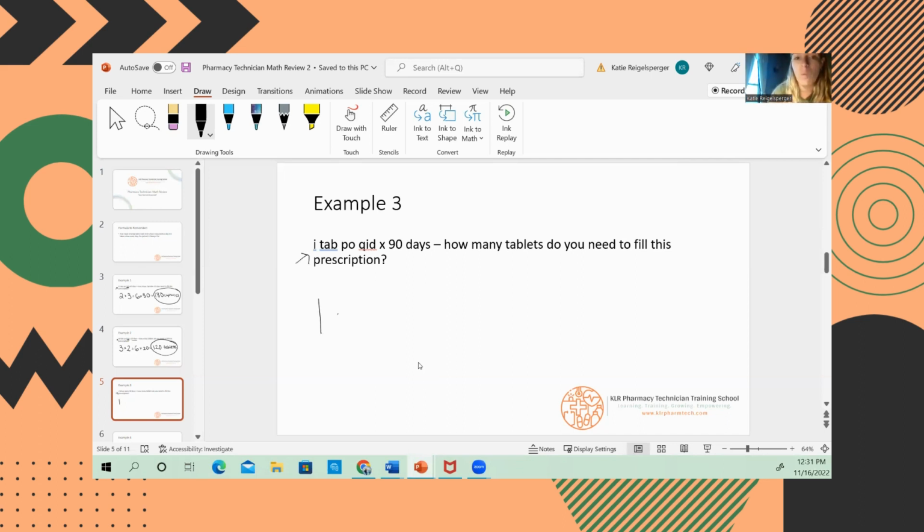How many times a day do you take 1 tablet? 4. 1 times 4 equals 4. How many days do you take 4 tablets a day for? 4 times 90 equals. Use your calculator. The answer is 360 tablets to fill this prescription.